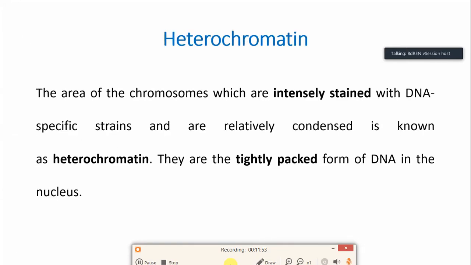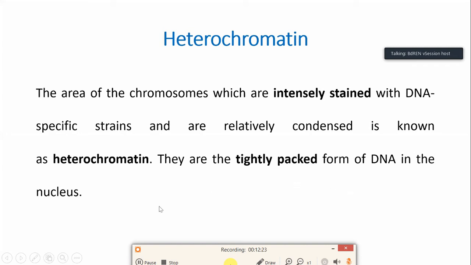Now I will go through the two types. One is heterochromatin. Heterochromatin is the area of the chromosome which is intensely stained, meaning deeply stained, taking the color with DNA-specific stains, and is relatively condensed. They are a tightly packed form of DNA in the nucleus.